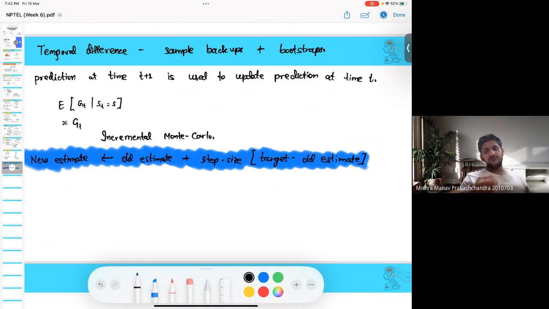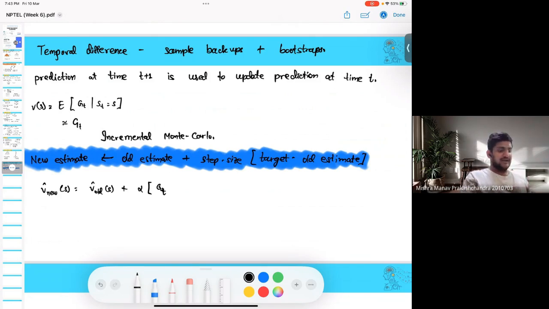So when I want to update this value function, this is V of s, right? When I want to update V of s based on the samples that I'm getting, the sample returns from a trajectory, this is how it looks. My V new of s is basically V old of s plus step size, which is alpha here, times the target, which here is GT. So I'm trying to get closer and closer to GT.